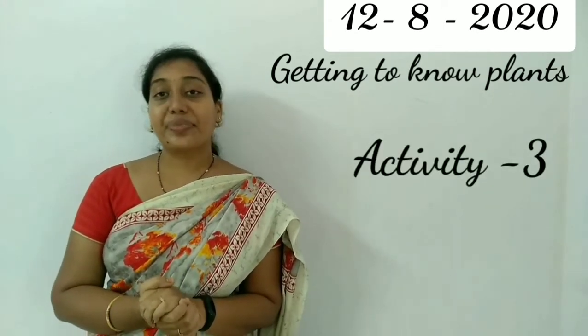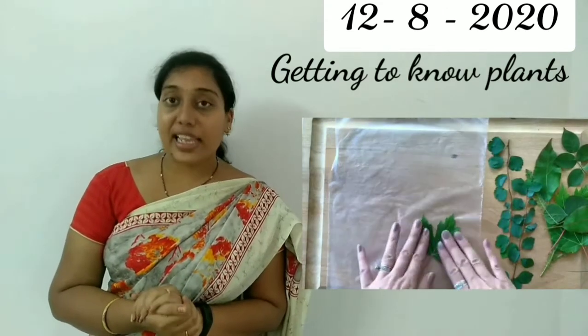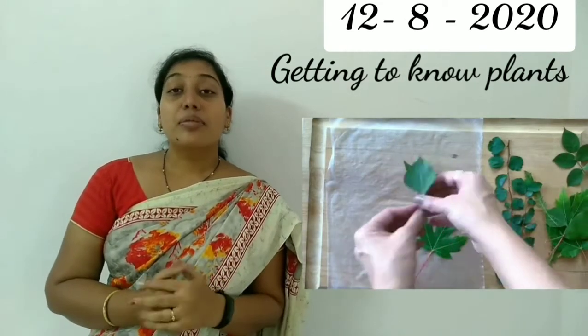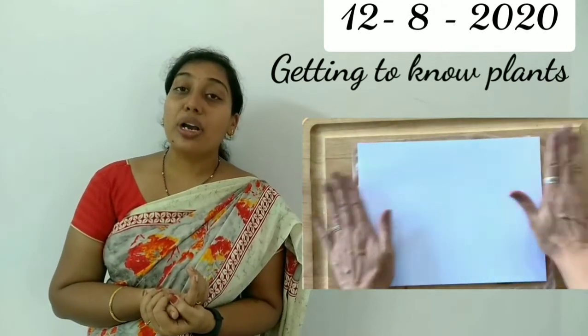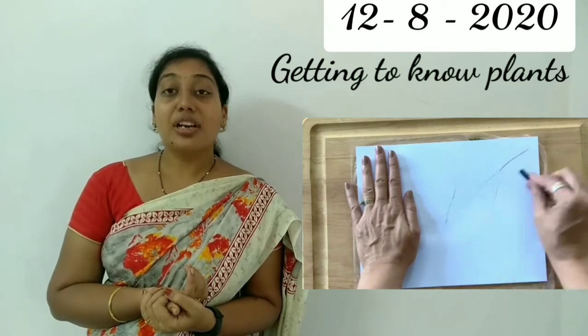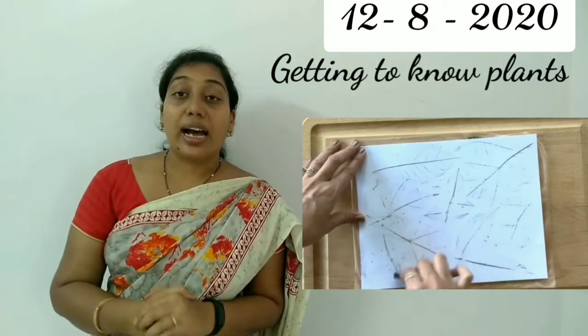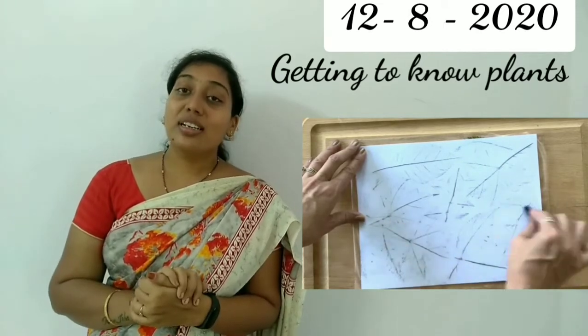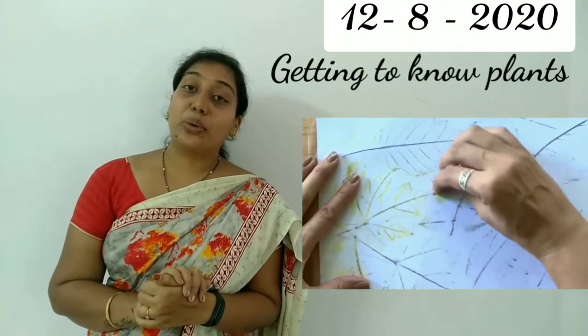Shall we? Okay. For this you need different leaves. Put a leaf under a white sheet of paper or a sheet in your notebook. Hold your pencil tip sideways and rub it on the portion of the paper having the leaf below it.